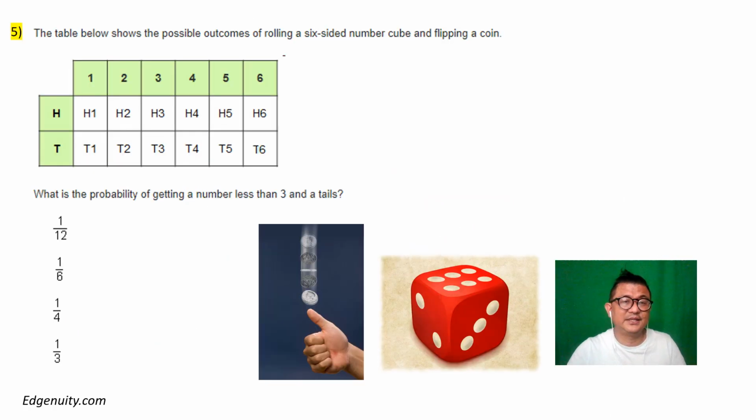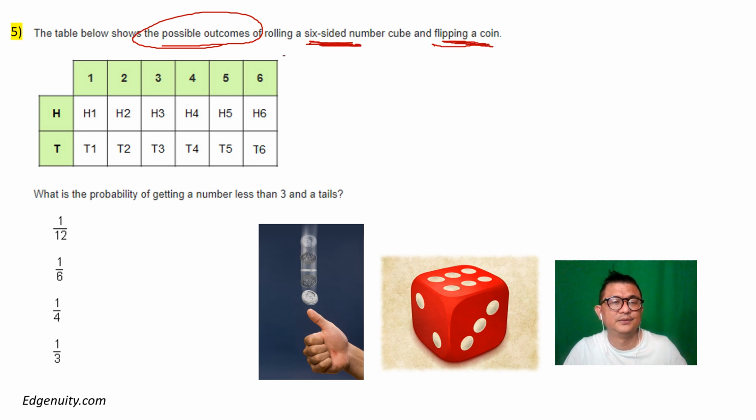Now let's try these ingenuity problems. The table shows the possible outcomes for rolling a six-sided number cube and flipping a coin. Heads and 1, heads and 2, heads and 3, heads and 4, heads and 5, heads and 6, tails and 1, tails and 2. Okay, it's all there. What is the probability of getting a number less than 3 and tails? So let's just circle it.